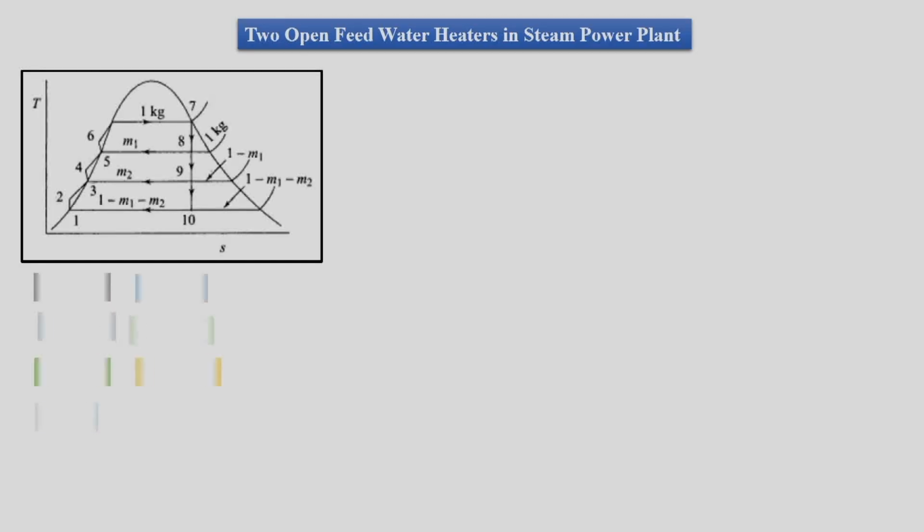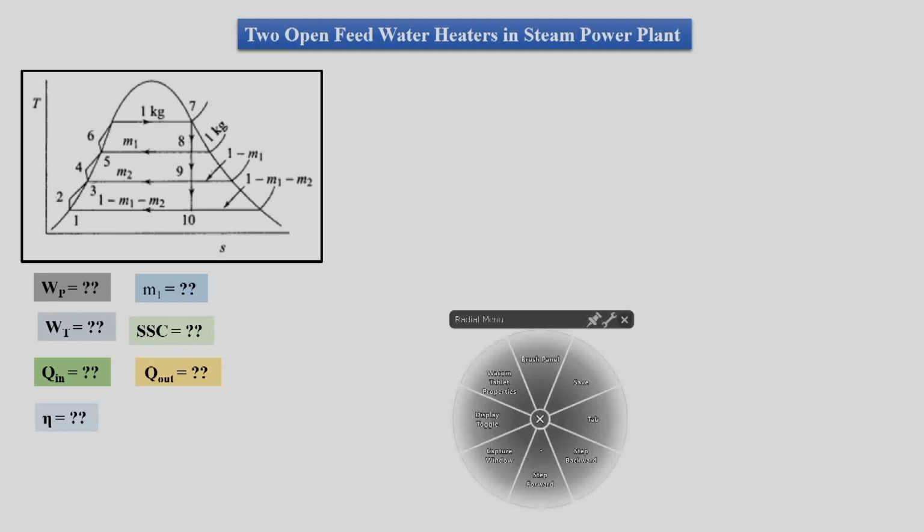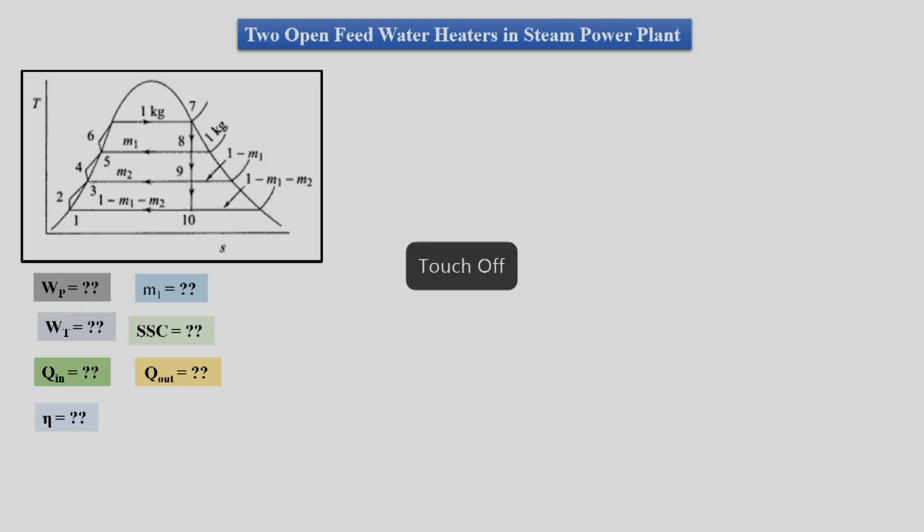Then we are supposed to find out the same parameters as we were expecting to find in the other case. Here as well we have to find out the pump work. So we know what pump work is, WP. The first pump handles mass 1 minus m1 minus m2, and it raises enthalpy from h1 to h2.